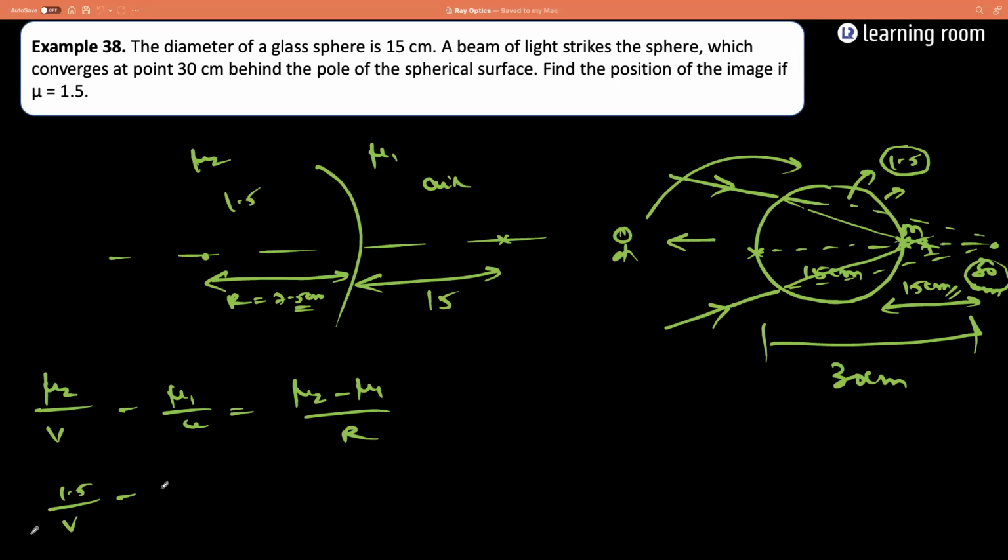Minus how much is mu1? Mu1 is 1 divided by object distance is plus 15, is equal to mu2 minus mu1, 1.5 minus 1 divided by R is minus 7.5. Solve this and tell me what is the answer.